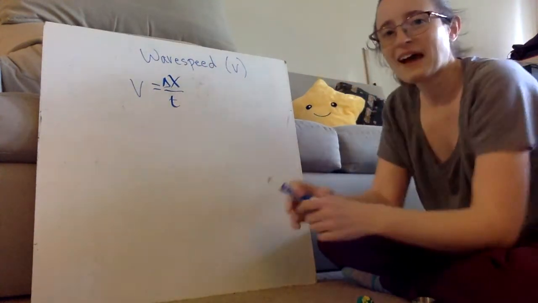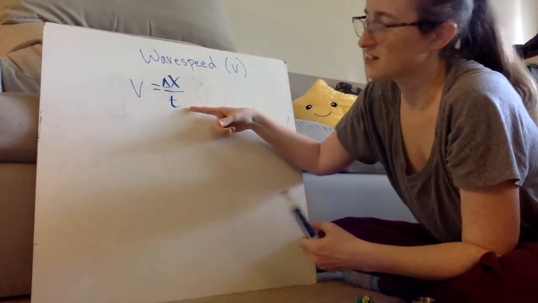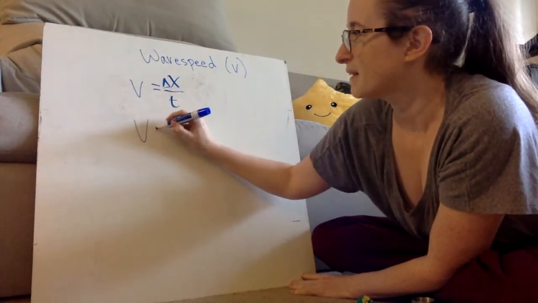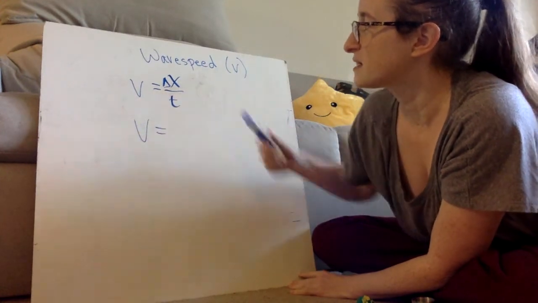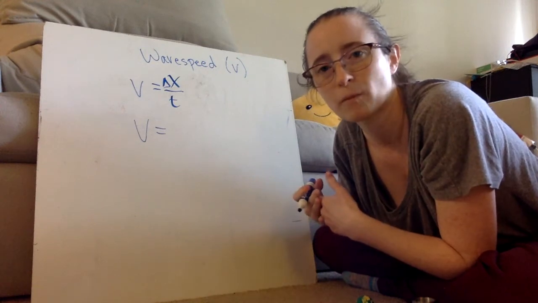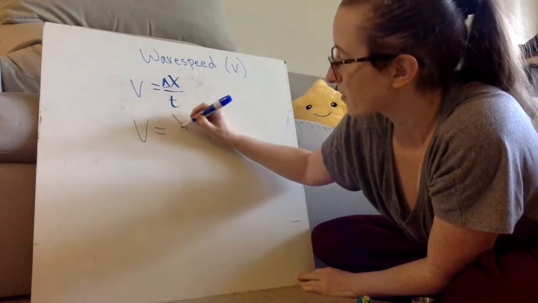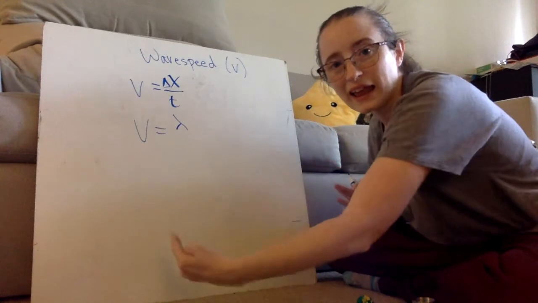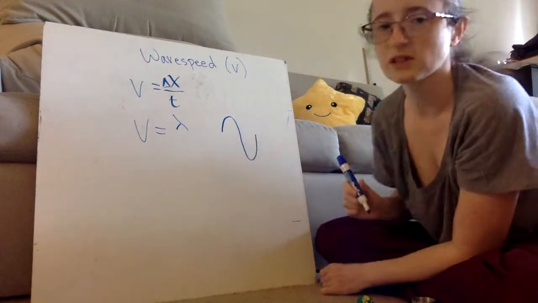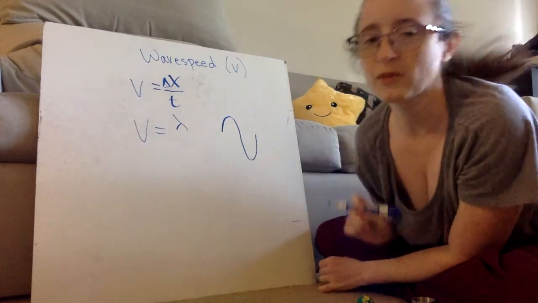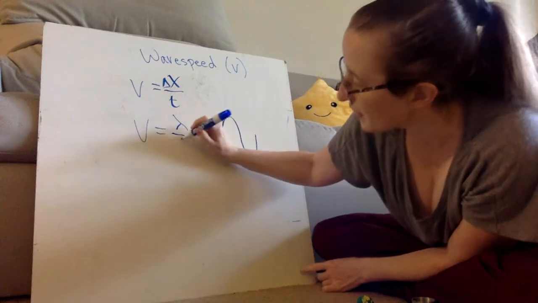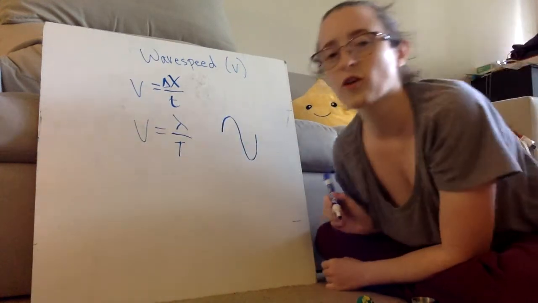Now, this is just a distance over a time. You've seen this many times before. In the context of waves, we would replace this with what's the distance that I usually measure with waves, and that is wavelength. So that's the length of one wave. Remember, a wavelength is one up and one down. That's one wavelength, which we abbreviate with the Greek letter lambda. And one wavelength would occur in the time it would take for one wave to go by.